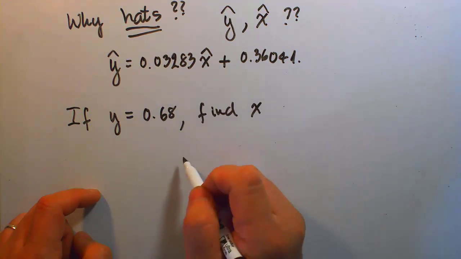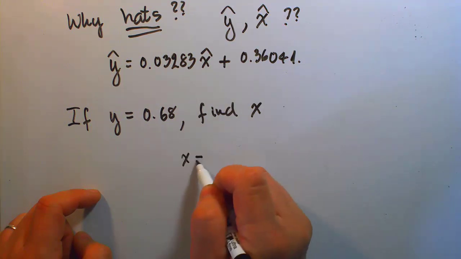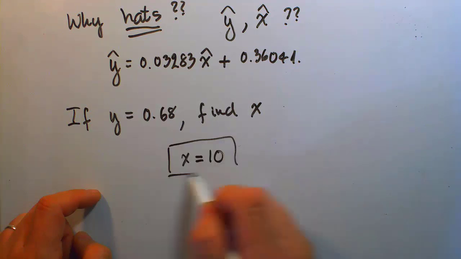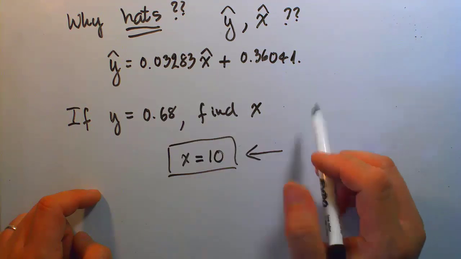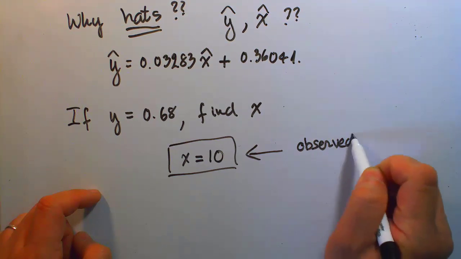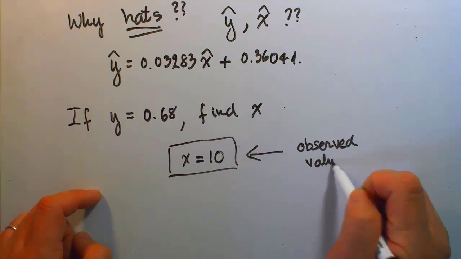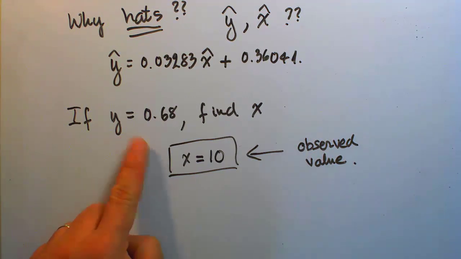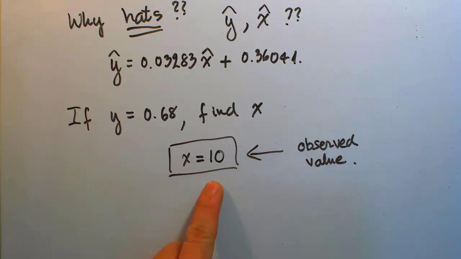So by default, I'll just give the observed value x equals 10. And here we give our answer as the observed value. There's no need to worry about the prediction, because this value does appear in the table, so let's directly find the corresponding observed value.